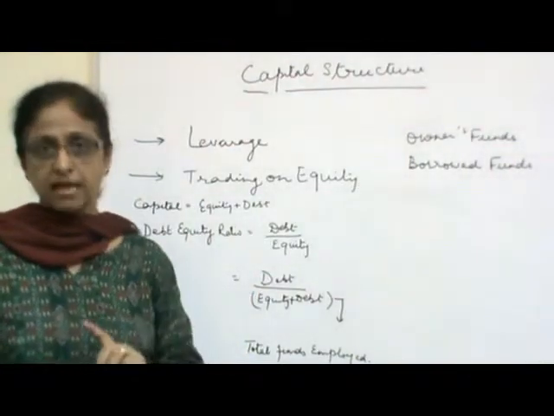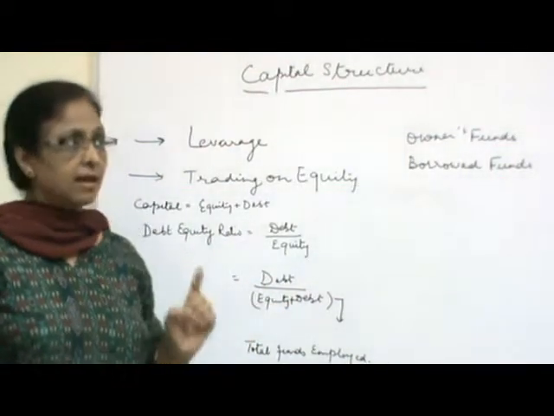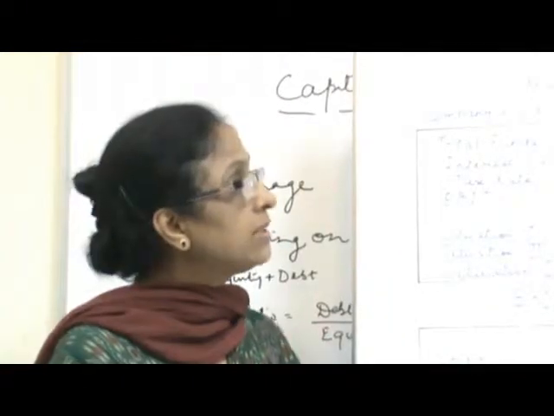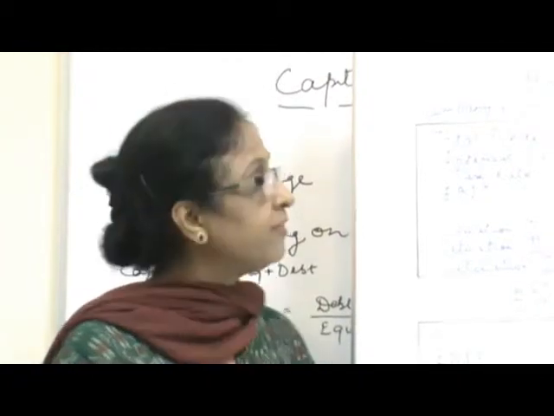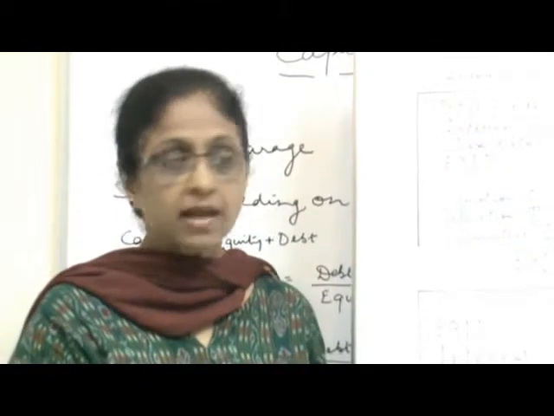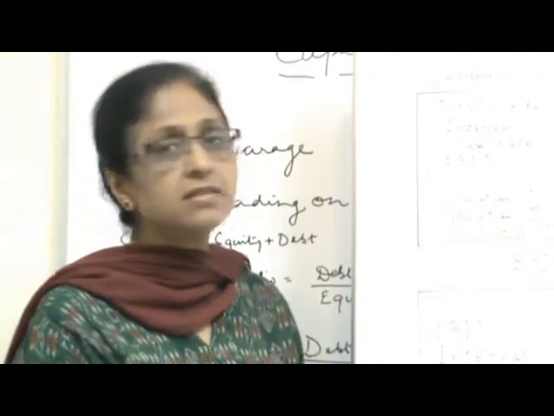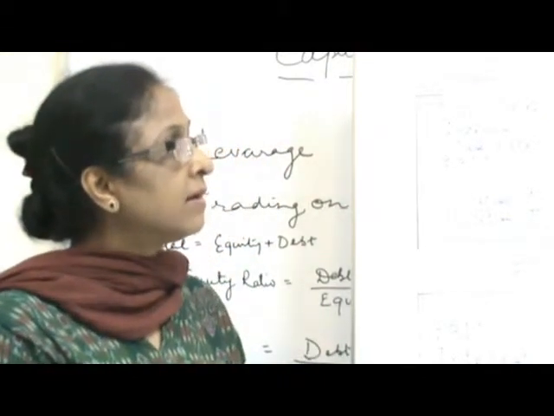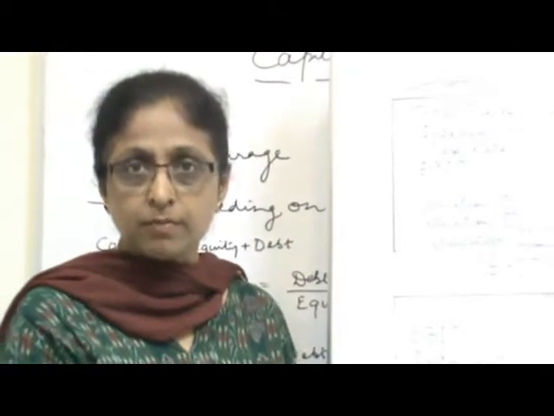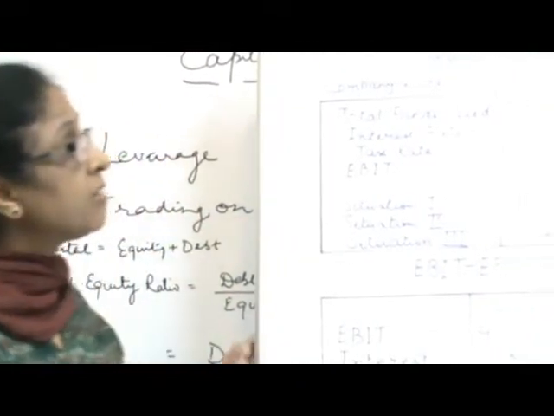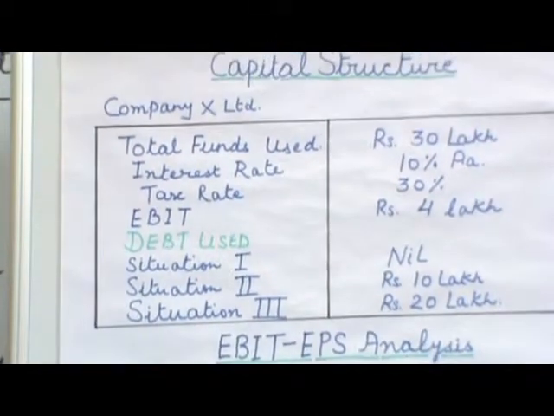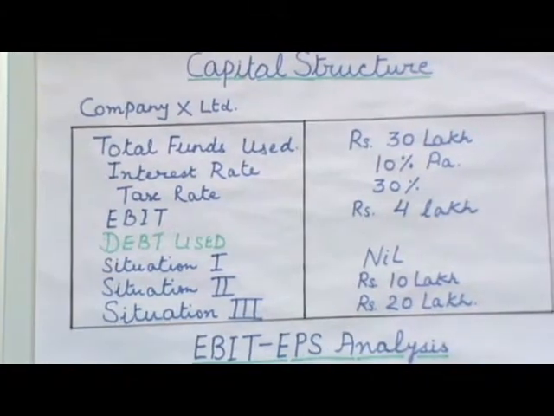How it increases will be explained by the example, which is also called favorable financial leverage. As the proportion of debt in the overall capital increases, cost of funds declines, because that is the lower cost fund available to the business, and with the help of that low cost finance, we are trying to increase the earning power of the shares.